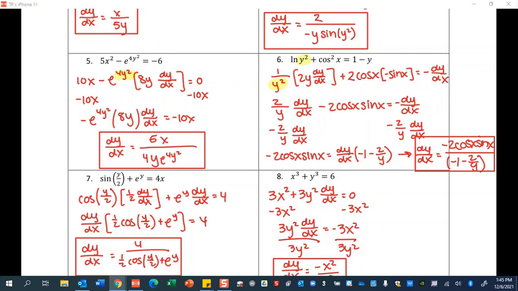If it's easier for you to think about this equation so you don't flub this up, you can think about this as the cosine of x squared, and you can do more chain rule. Or if you wanted to do the product rule, you could do that too.